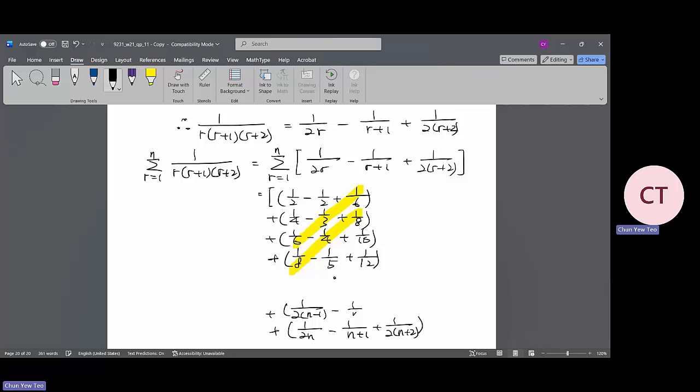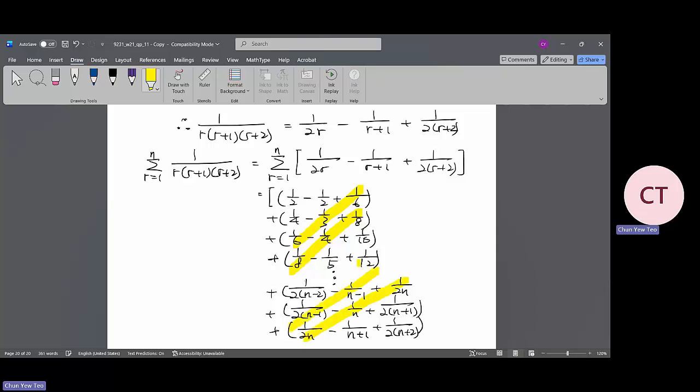Okay, so it will look like this. Then perhaps let me just have one more term over here, then you can see that this also can be cancelled off.